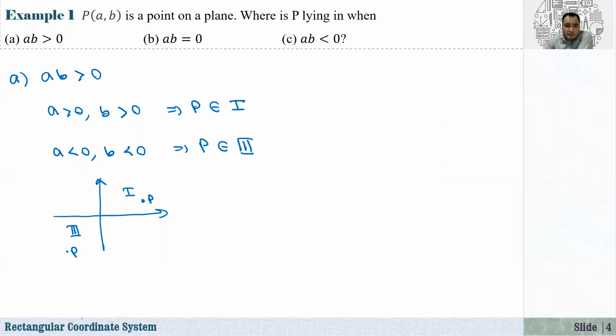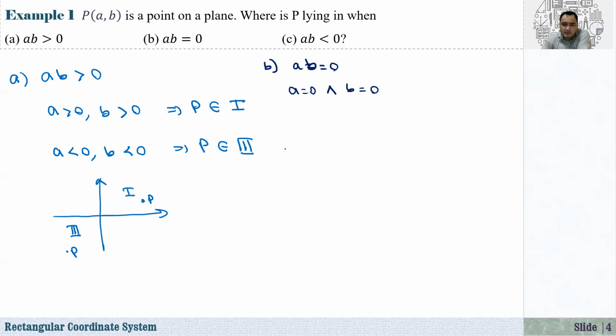And how about question B? For question B, AB is equal to 0. A times B is equal to 0. That means that A should be equal to 0 or B should be equal to 0. If the product of two real numbers is equal to 0, it means that at least one of them must be equal to 0.